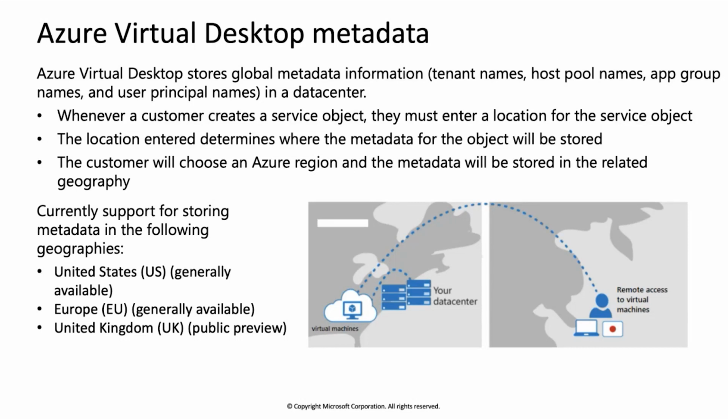So the customer will choose a region. This reminds us to make sure that the region you decide on is the one where the metadata is going to be stored in the related geography. This is again a key factor which should be considered.